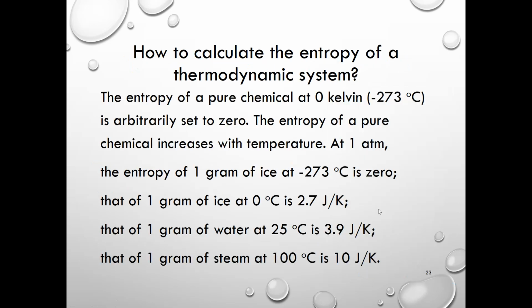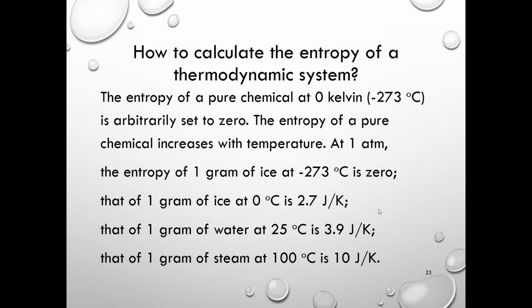Now, how do we calculate the entropy of a thermodynamic system? First, we need a zero reference. The entropy of a pure chemical at 0 Kelvin, the absolute zero temperature, is arbitrarily set to 0.